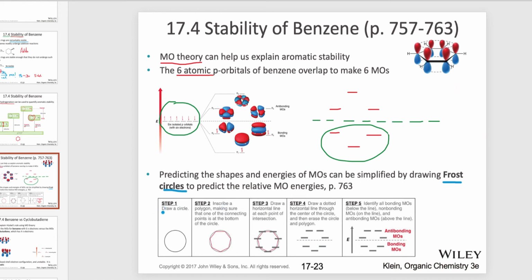Step 1 is draw a circle. You inscribe a polygon, making sure that one of the connecting points is at the bottom of the circle. So you see how this one here, this is the 7-membered ring.